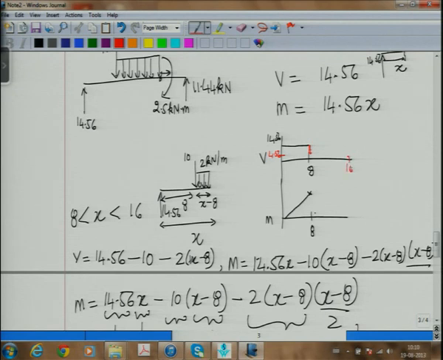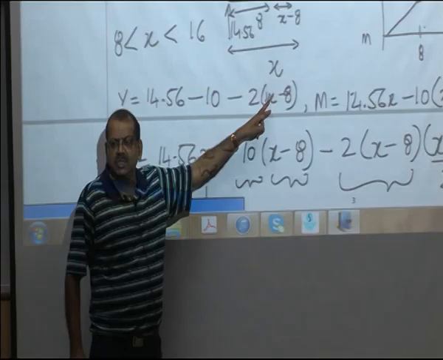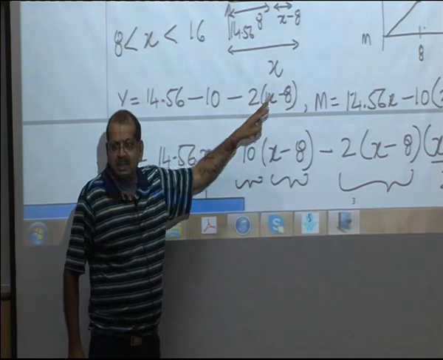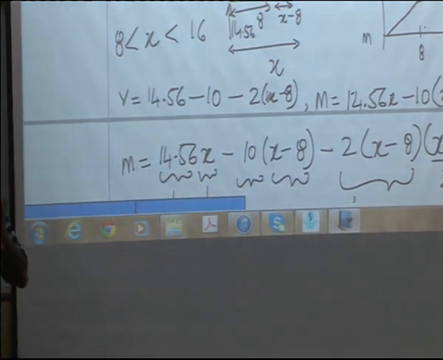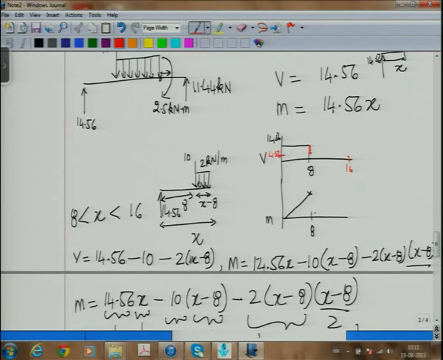Now I know I have come down minus 10. That means I have come to this point at 4.56. Now at x equal to 16, in this formula I will plug in the value of x equal to 16. It comes out to be minus 11.44. It is not a magical figure because that was the reaction at the other end, and eventually everything has to balance.